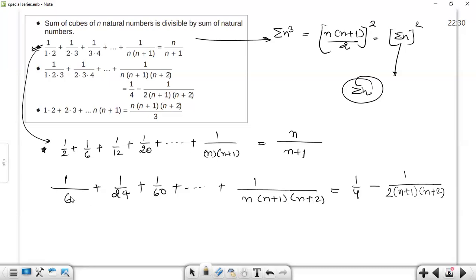Okay, so please remember this form also. Both of the forms are important. This is easier to learn, but also have a look at this so that you can remind yourself which kind of series this is.